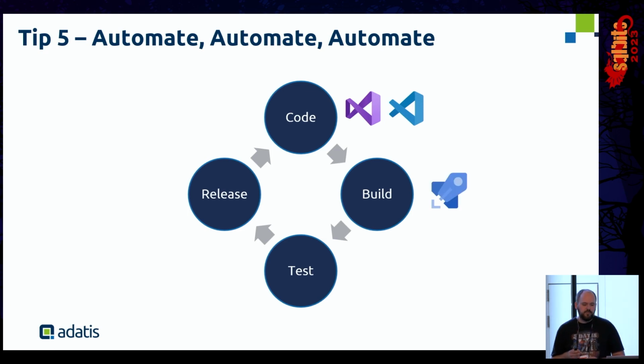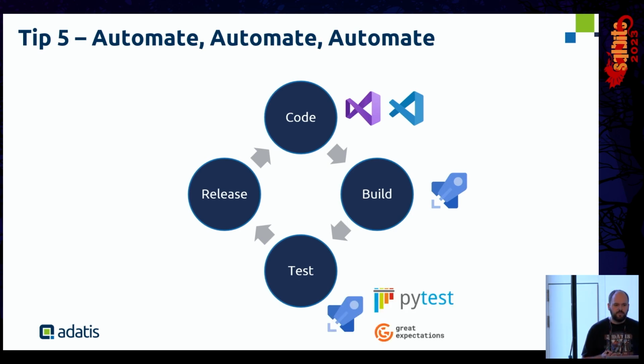Then on the actual building side of our code, so when we want to compile it and prepare it for deployment, we can use tools like Azure Pipelines to automate the CI process. And then on the testing side, we want to have an automated set of regression tests that we can use to prove that our platform is working as expected before we actually go ahead and deploy it.